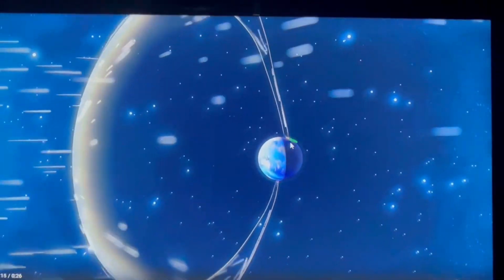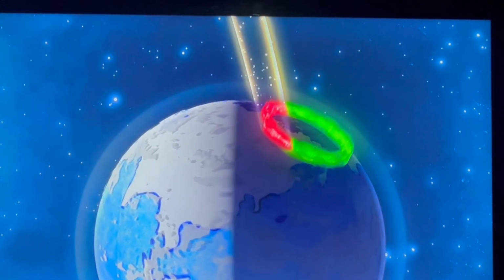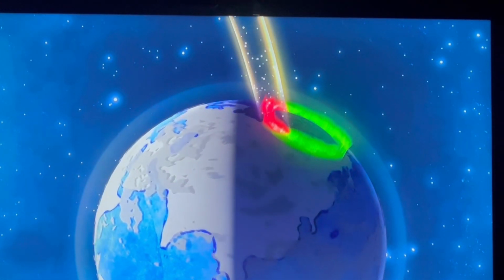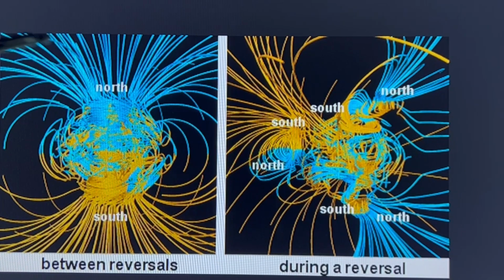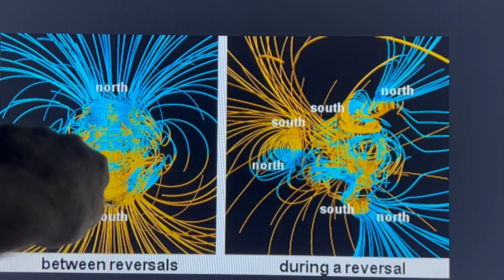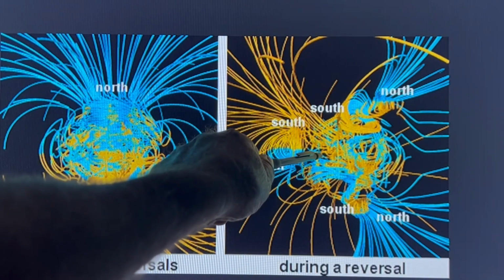Normally confined to the polar cap regions, normally. Now, I say normally if our field is 100% full strength. The poles where they should be. But now we have this.